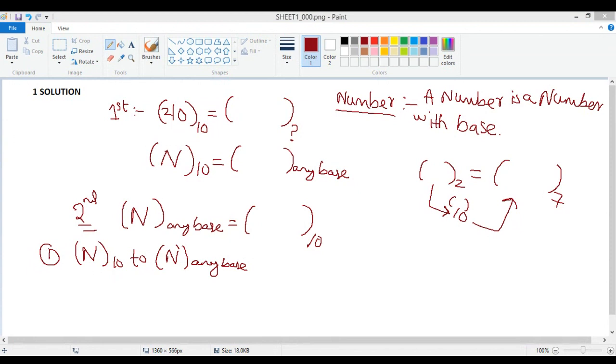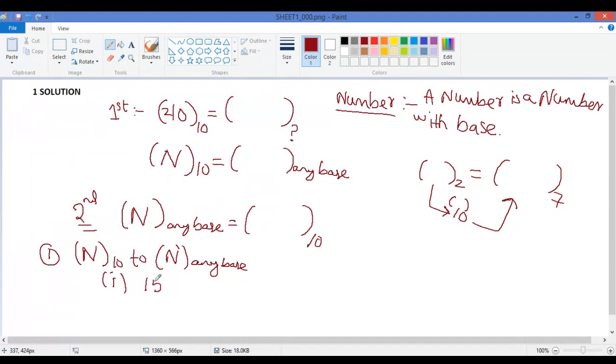If I want to convert a number 153 of base 10 to another base. First example I'm taking, there is some number 153 which is in base 10, and I want to convert this into base 16, okay?